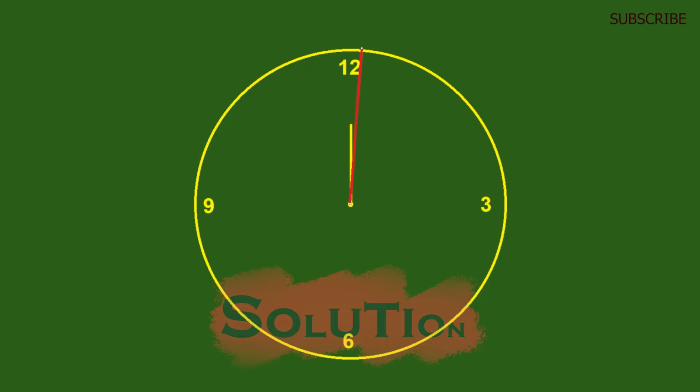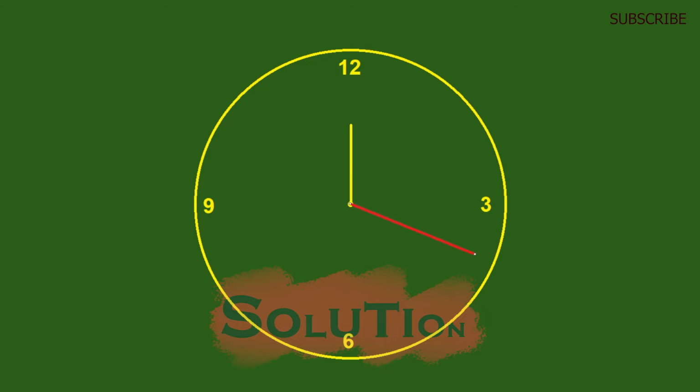After that, when the minute hand moves like this and reaches our 3, then you can see there is an L. So we can say this is our 90 degrees.